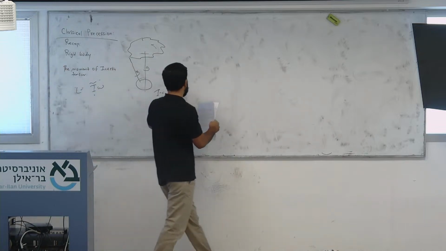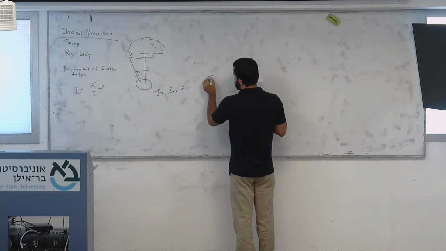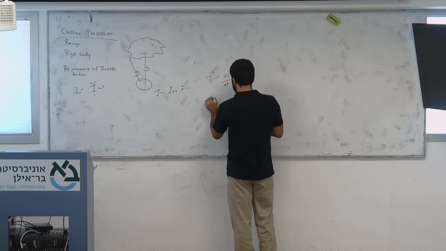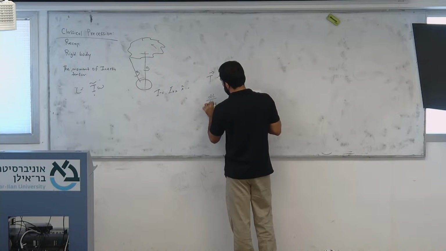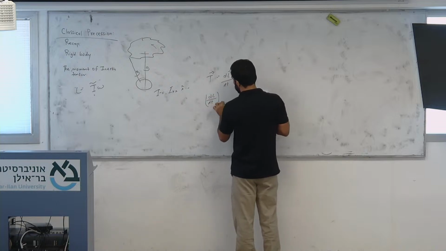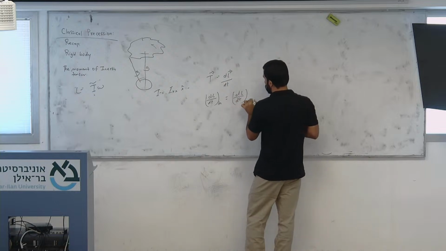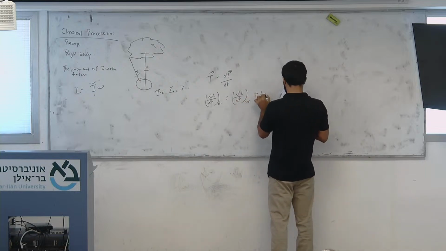If you remember the Euler angles, I defined T as a vector. So dL over dt in the inertial frame is dL over dt in the co-rotating frame plus L cross omega.